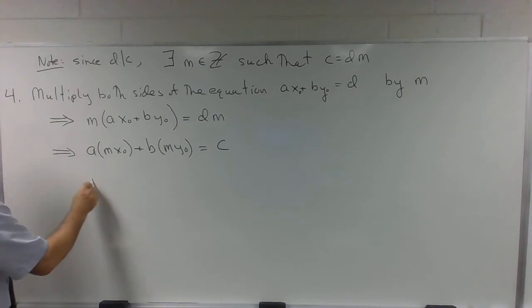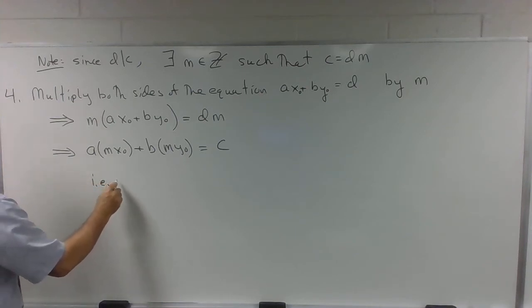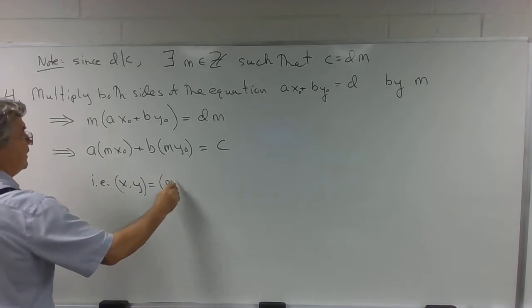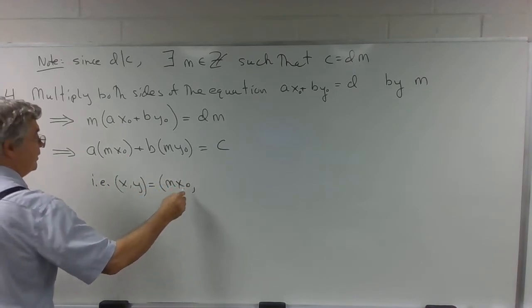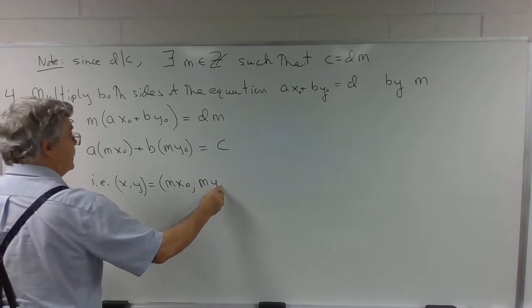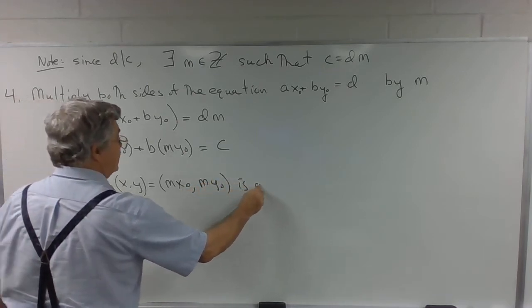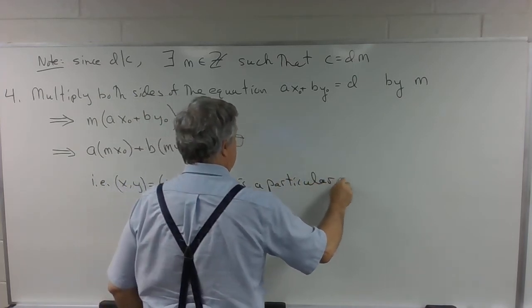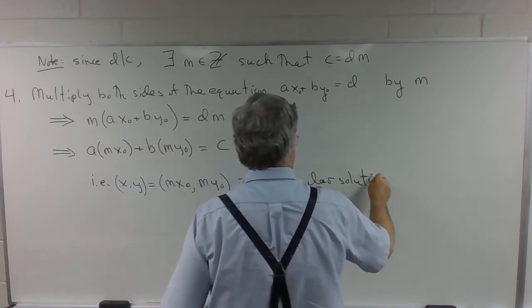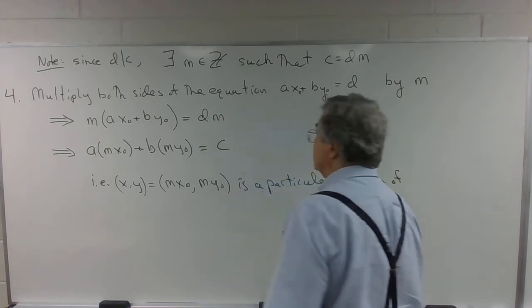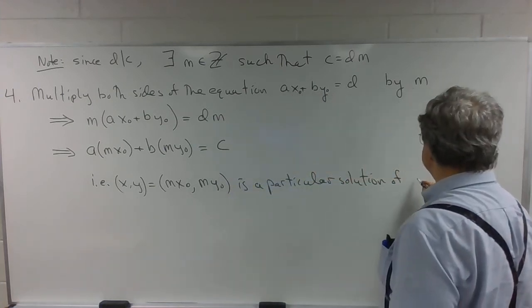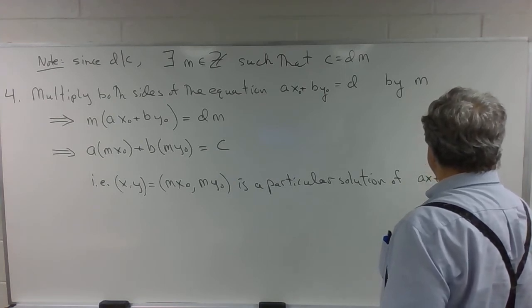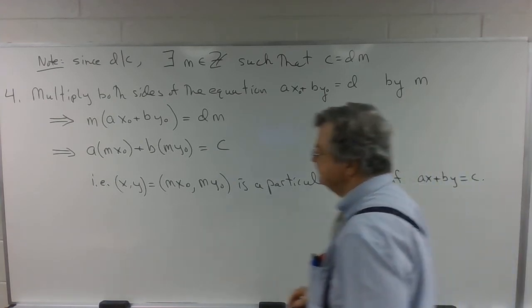So x, y equals m x naught, m y naught is a particular solution of the equation ax plus by equals c.